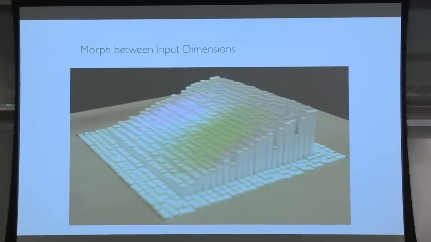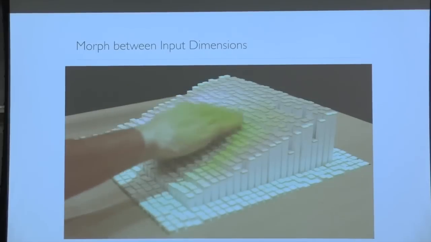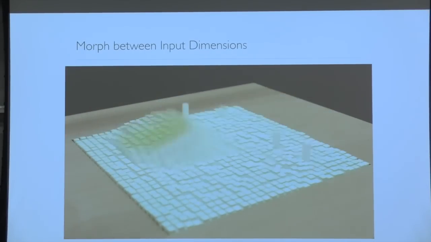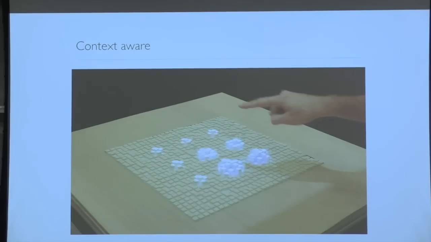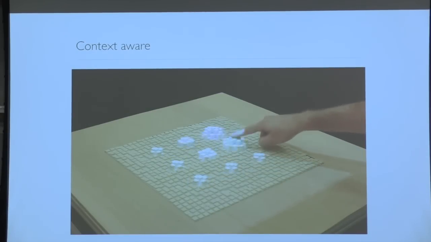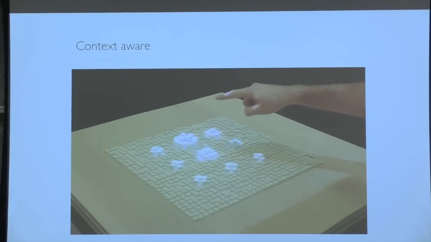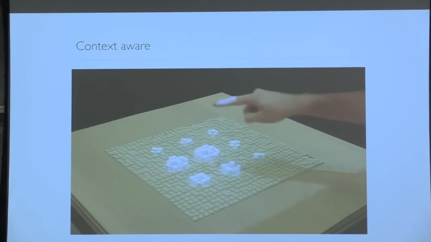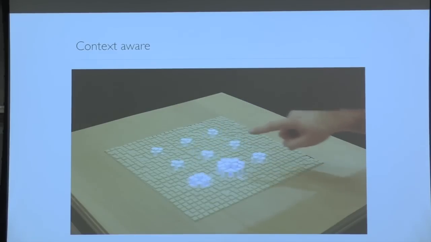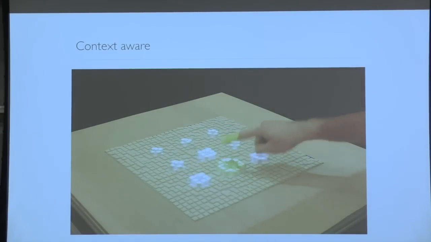Or you can have a button transform to a 2D touch selector, so you can change between these input dimensions. And these physical affordances can also be context aware. So as I move closer to a button, it can expand in size. There are a lot of interaction techniques that have been developed in the digital world, which we can now bring to the physical world. This is target expansion, like the bubble cursor.